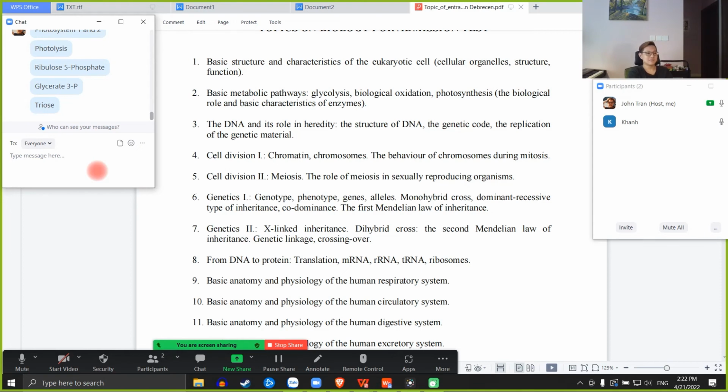And the regeneration of the ribulose 5-phosphate uses some of the triose phosphates. 5 out of 6 molecules are used for the regeneration of the ribulose 5-phosphate during the carbon dioxide fixation, and the process needs ATP.